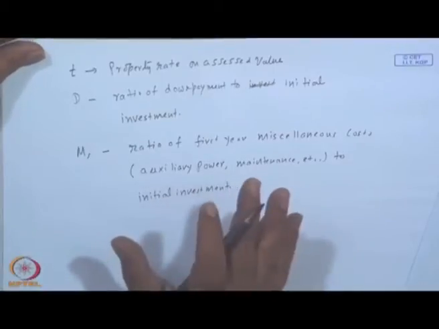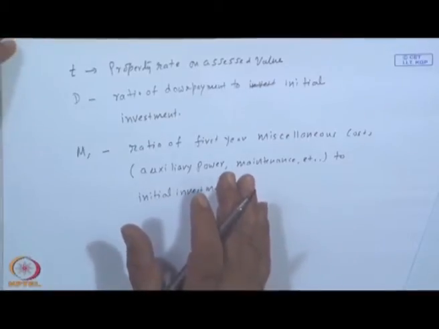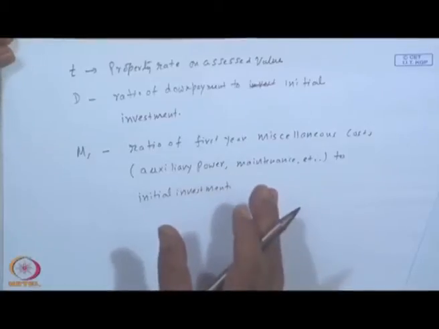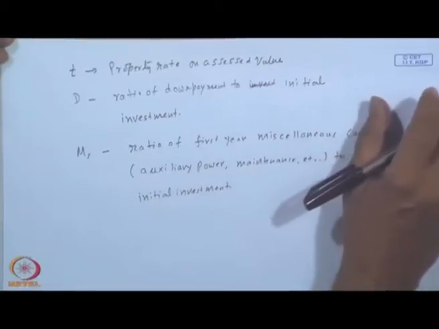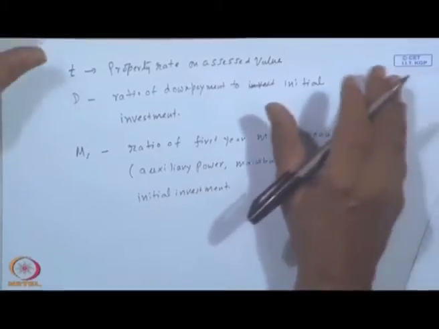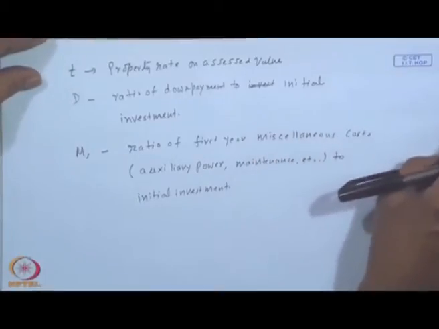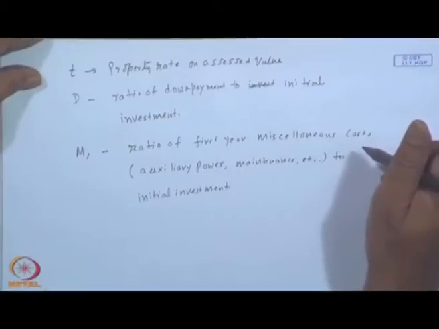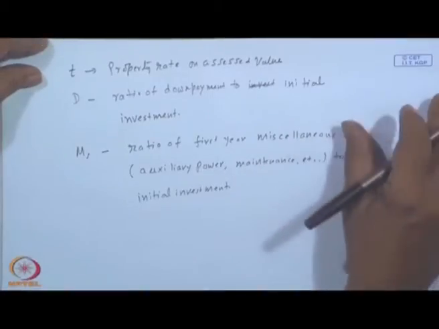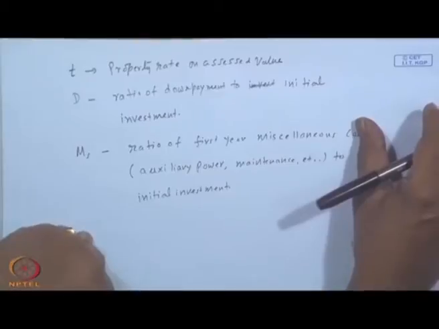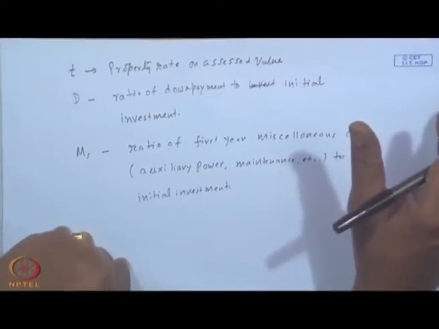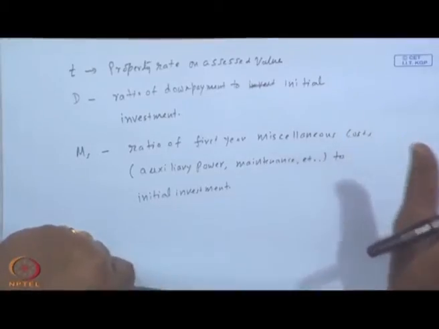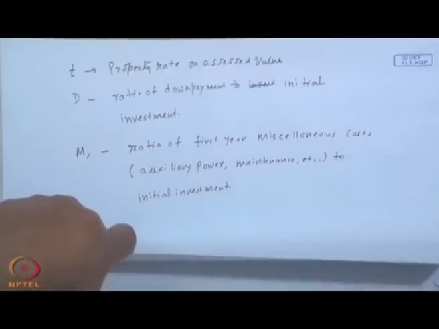So, this in a way is going to tell you out of 32 lakhs or 40 lakhs whatever you have invested on the solar energy system or in general anything, you need the ratio of the first year miscellaneous cost to initial investments. In other words, if it is a large property, probably your first year cost will be also higher, and if it is a small property, it will be less.